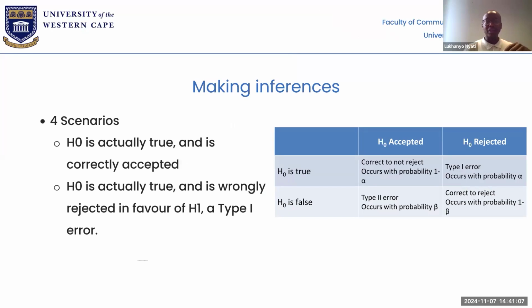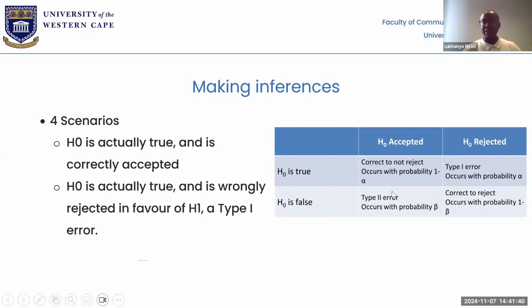Now, in hypothesis testing, there are 4 scenarios that we're likely to encounter. The first scenario is where the null hypothesis is true, and we accept the null hypothesis. So we say the null hypothesis is actually true, and we accept that. So we're saying that there is no difference. All right. And so in this particular case, this is a confidence that you have.